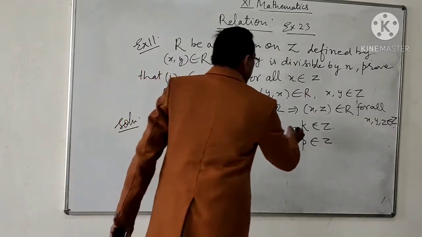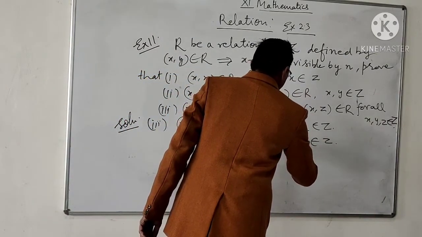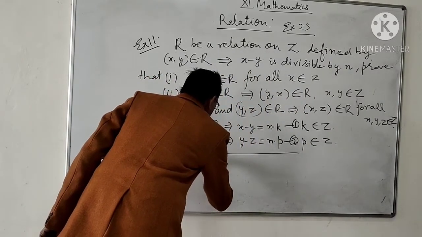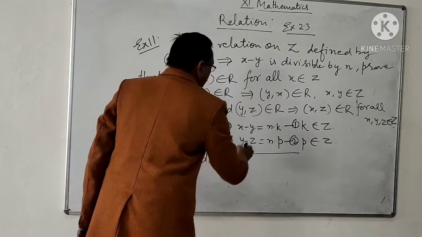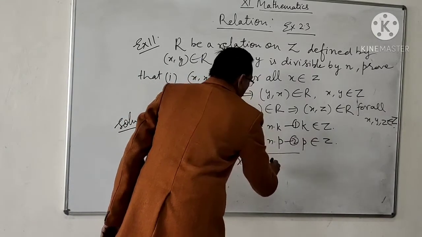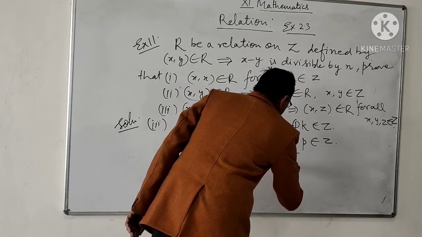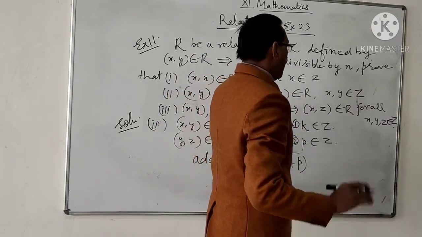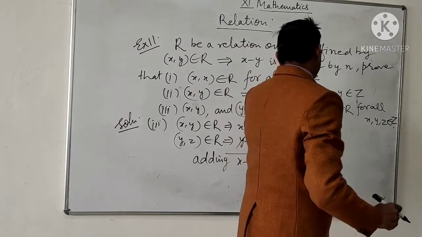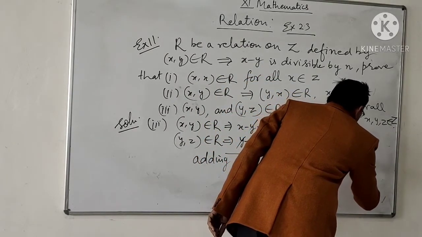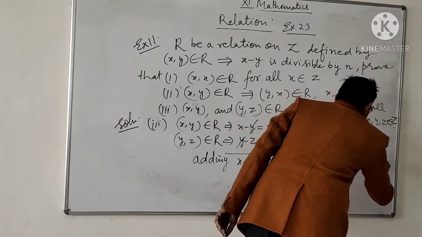Now there are two equations, equation 1 and equation 2. We will add them. After adding, y cancels and we get x minus z. Here n is common, and it is k plus p. k plus p will be an integer, since the sum of two integers is an integer.